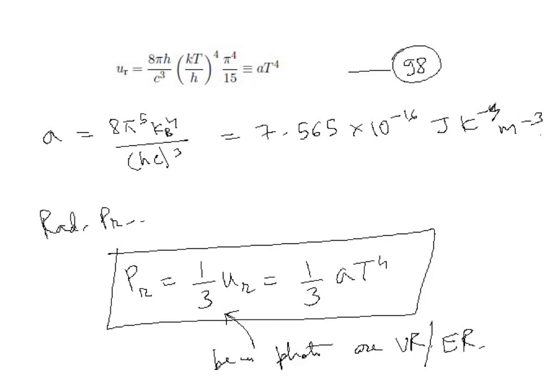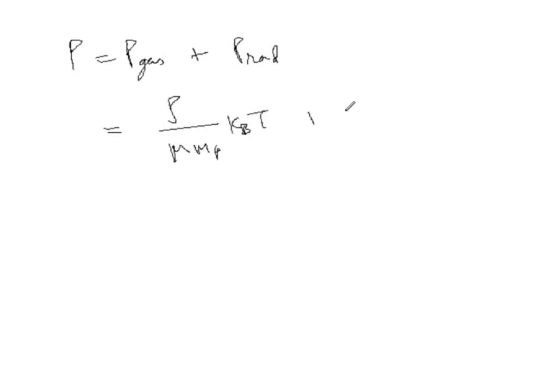Now let's again talk about the transition. If we have a mixture of ideal gas and radiation, then we will have P gas plus P radiation, right? So this is equal to rho by mu m_p k_B T plus 1 by 3 a T to the power 4.